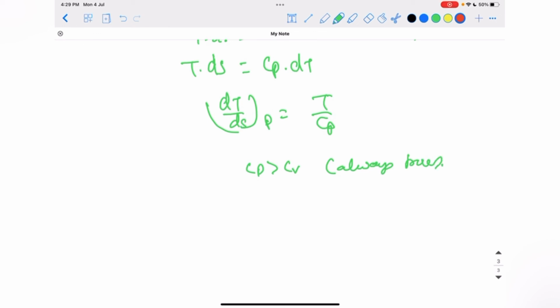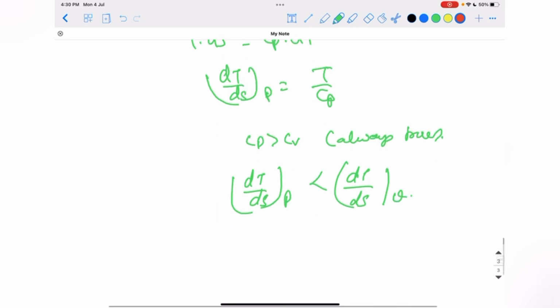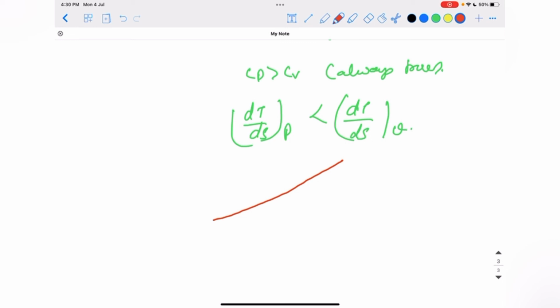Now T is the same for both, so I can see easily that the slope dT by dS for a constant pressure curve is less than the slope of the constant volume curve. So if the slope is less and I have this slope originating from the same point, then obviously this has more curve and this has less curve.